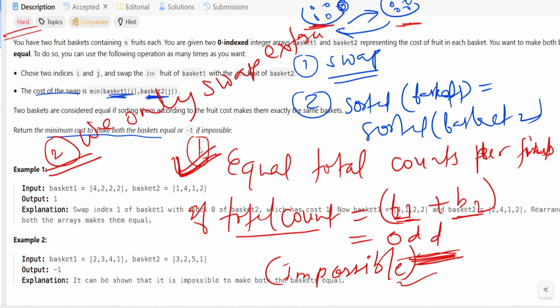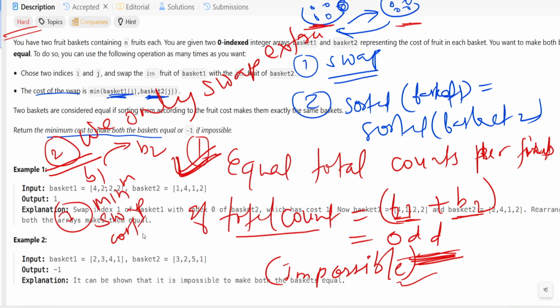If any extra fruit is in basket 1, b1, it must be swapped with b2. Then we have to find the minimum swap cost.